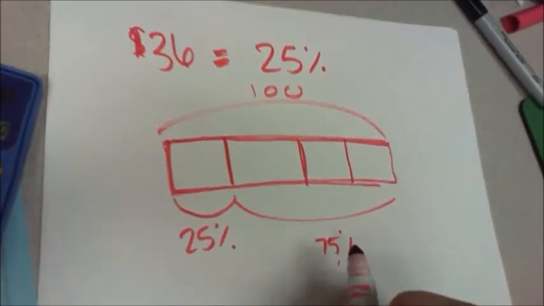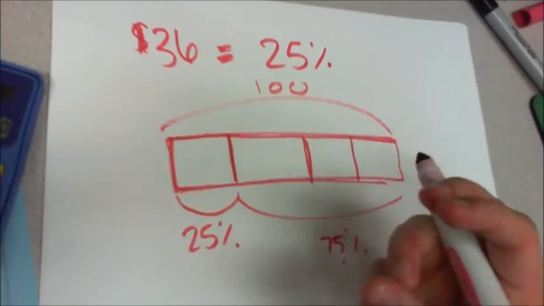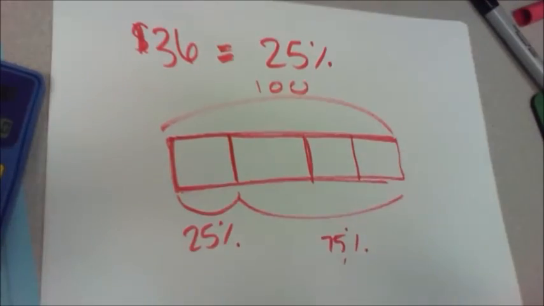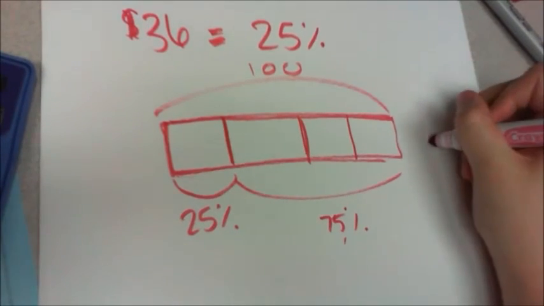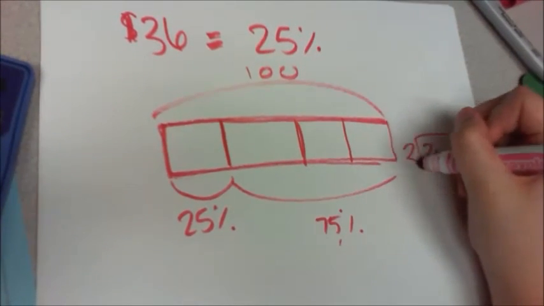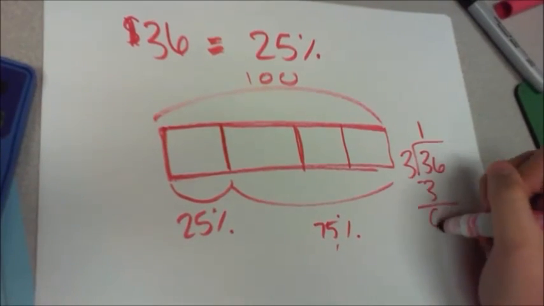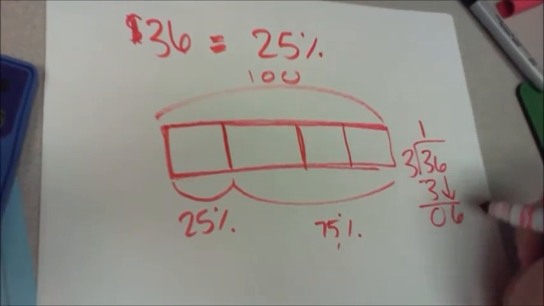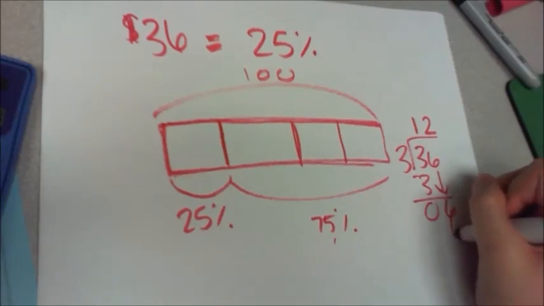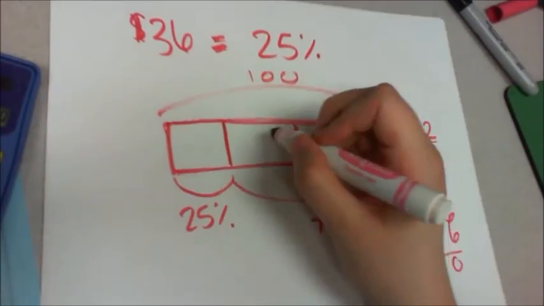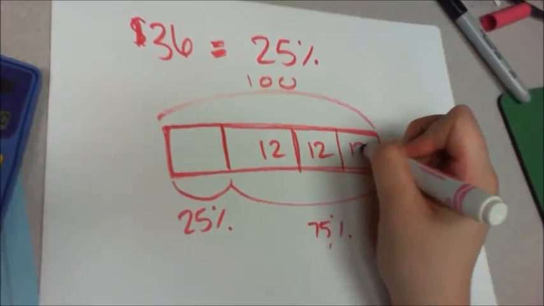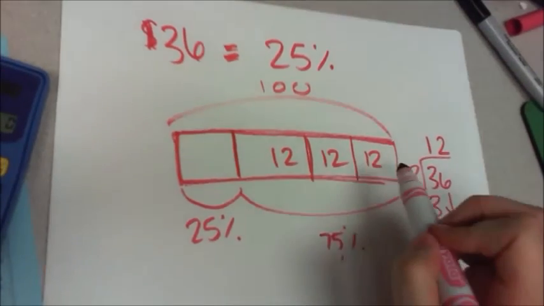So all of these 3 boxes need to add up to 36. So we need to divide 36 evenly in 3 boxes. 3 goes into 3 1 time. We subtract. Bring down the 6. 3 goes into 6 2 times. 6 minus 6 is 0. So that means each of these boxes will be 12 to get us to 36.